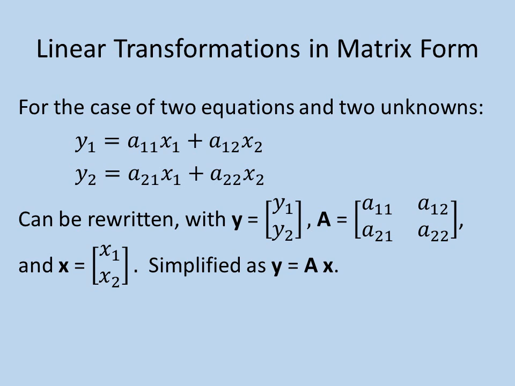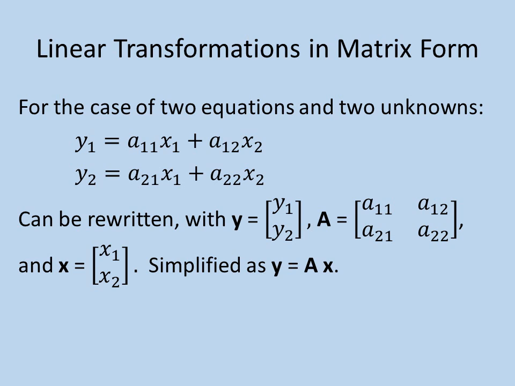All those can be written using vectors and matrices, where we define the variable vector y as a column vector that consists of the components y1 and y2. Then we have a matrix of these constants, and in this case it's a square matrix. A11, A12, A21, A22 are just the constants that define this linear transformation.